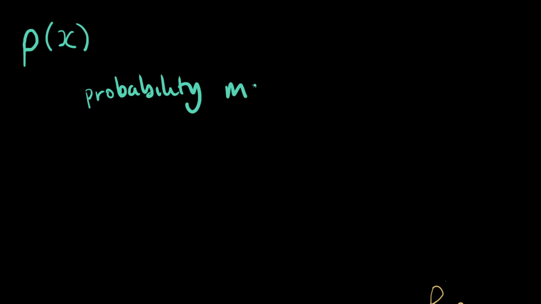The reason the distribution is important is that with that distribution P of X, we get one function that is in fact a probability mass function.